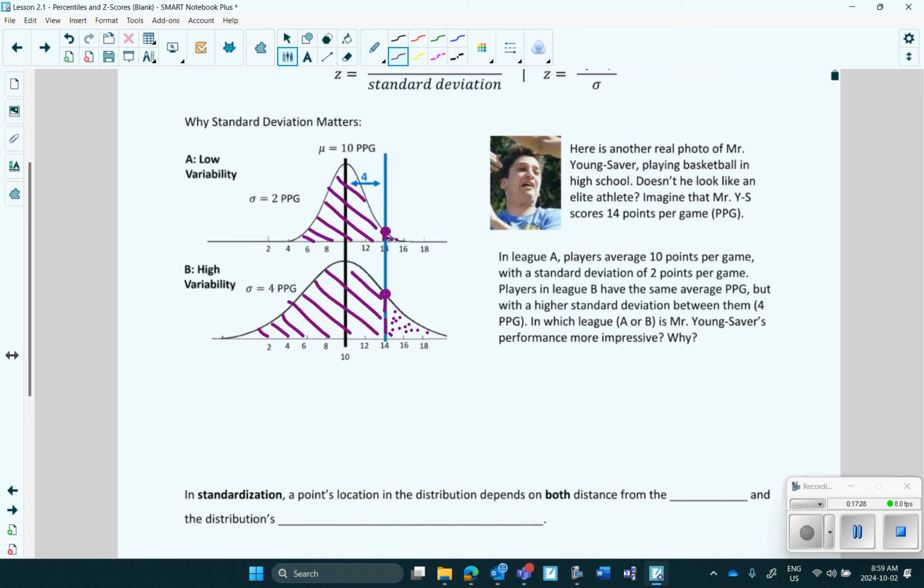So in this one, not many had higher points per game. But in this one, more, a greater percentage had higher points per game. So he did better in League A when his standard deviation was 2 points per game. Okay.